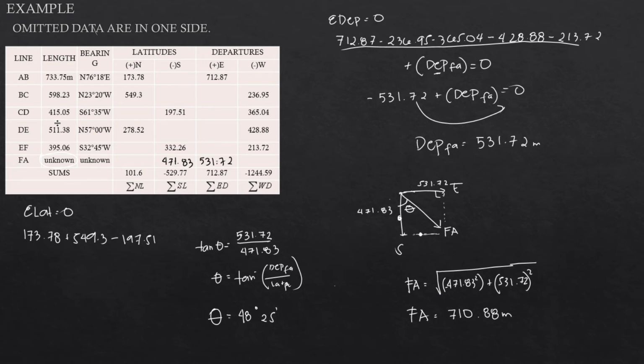Then, yung direction natin, south and east. So, south, 48 degree 25 minutes east. Okay. So, ganun lang yun. Itong omitted data are in one side. So, madali lang yan kapag one side ang missing.